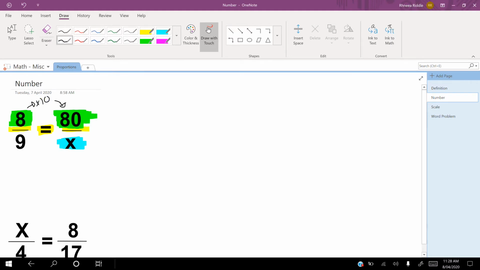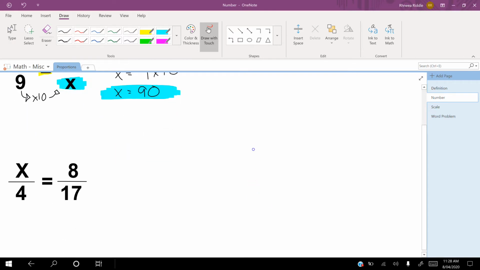Now, whatever we do to the top, we have to do to the bottom to keep them equivalent to each other. So we would also times that 9 by 10. And when we do that, we're going to get that x equals 9 times 10, which is going to be 90. So we find that the x, to keep these 2 proportions equivalent to each other, is going to be 90.